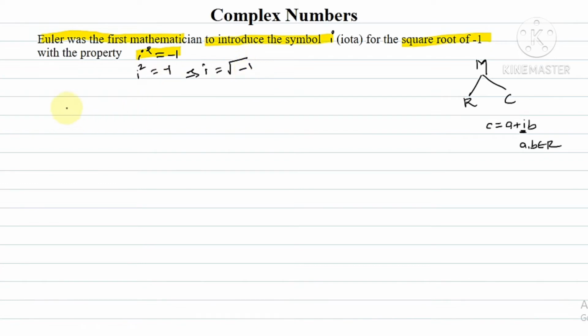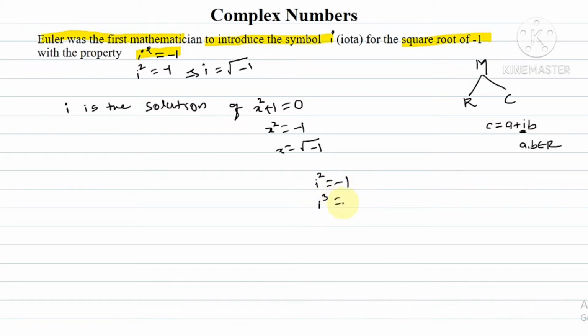Also, iota is the solution of x square plus 1 equal to 0, where x square equal to -1, which implies x equal to square root of -1.